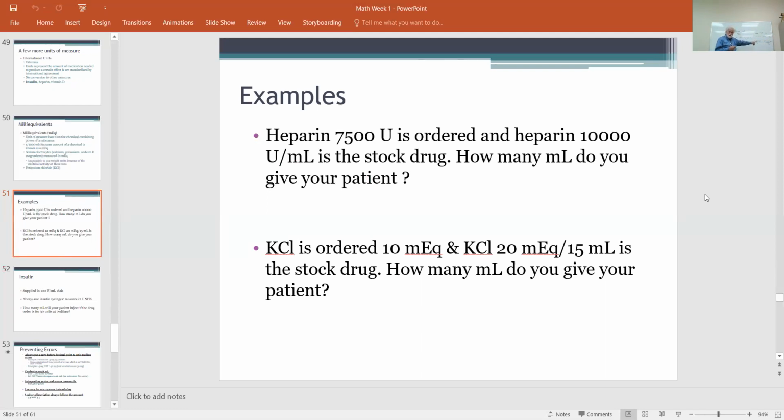So using standard algebra, we cross multiply, right?